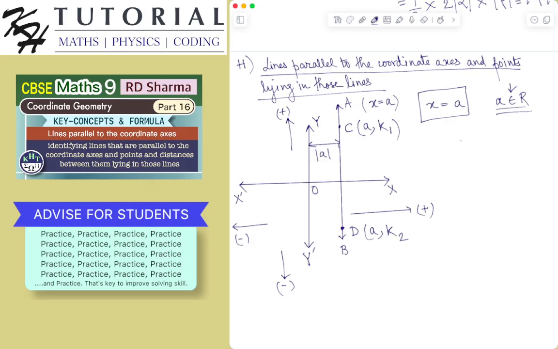So CD, the distance between the points C and D, will be equal to the absolute value of the difference of the ordinates, that is, the absolute value of K1 minus K2, or the numerical value of the difference of K1 and K2. K1 is the ordinate of the point C, and K2 is the ordinate of the point D, and the points C and D lie on the line AB, which is parallel to the y-axis.